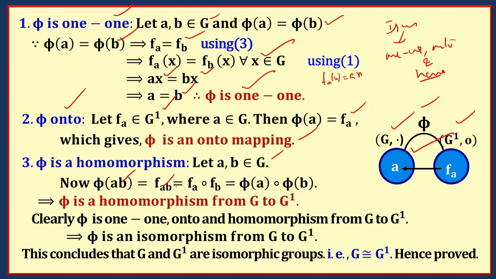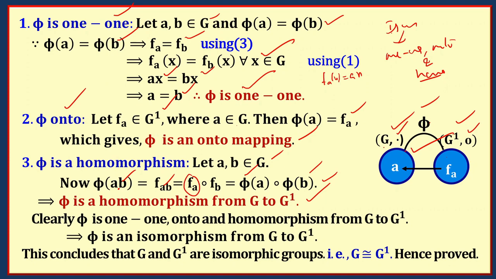So using 2, f_a ∘ f_b is f_ab. f_a ∘ f_b means pi of a ∘ pi of b. Here the operation in G is multiplication and the operation in G' is circle, composition of mappings. So pi of a·b is equal to pi of a ∘ pi of b. This means pi is a homomorphism from G to G'.